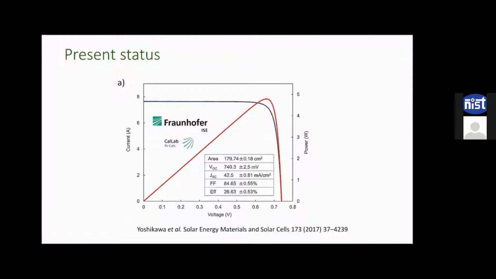You can see this is the IV curve of the highest efficiency solar cell so far, with efficiency greater than 26% over a decently large area of around 180 centimeters square. Such high efficiency is really interesting because it keeps our hope towards the sustainable development of producing green energy. But obviously, this also comes at a cost.